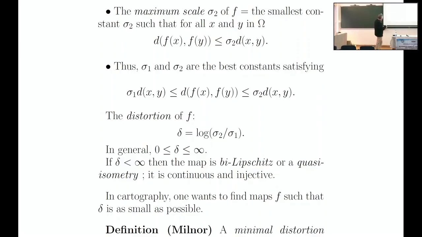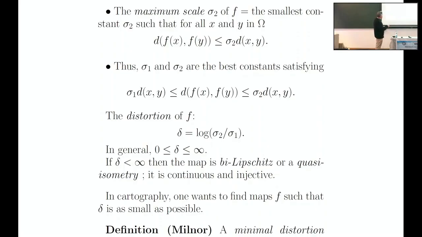So if you have finite sigma 1 and sigma 2 such that this double inequality is satisfied, it implies that the map is continuous and injective.